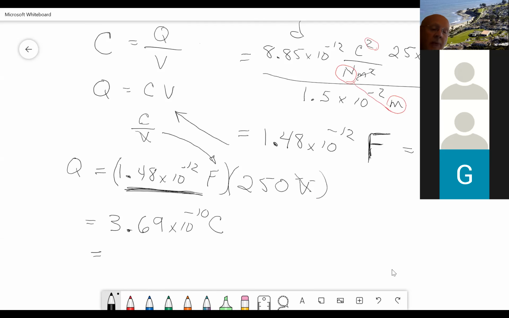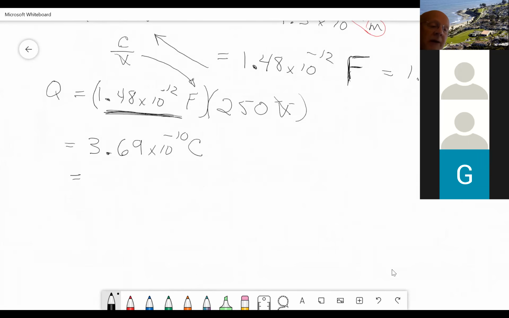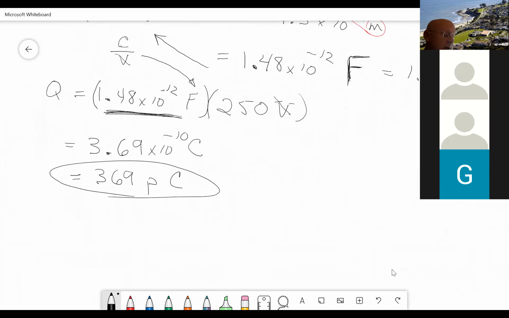Now, based on the last problem we did, it wouldn't surprise me if they then increased this number by a factor of 100 and decreased that one by a factor of 100. So that would become 10 to the minus 12, which then is a pico. So when I get done working on this, I'll check that answer.